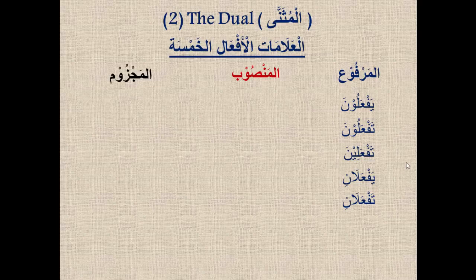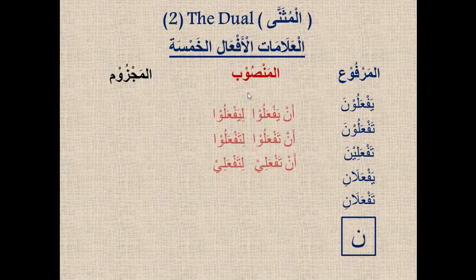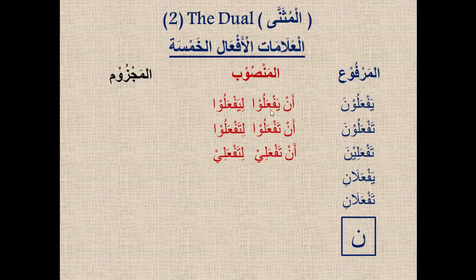And all 5 have thubut and noon, the presence of the noon, as the marfu' marker. Now this noon can be dropped in the mansub and the majzum. So if we add a nasib such as an or lam ta'lil, we have an yaf'alu, li yaf'alu, an taf'alu, li taf'alu, an taf'ali, li taf'ali.